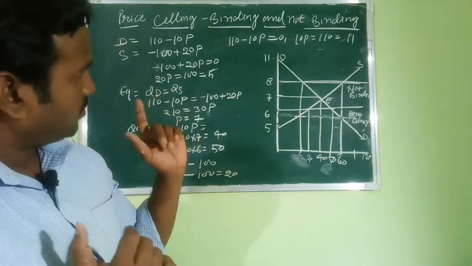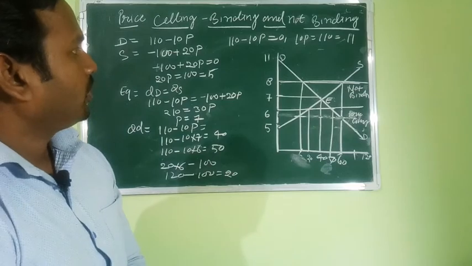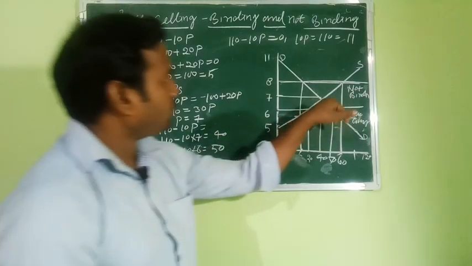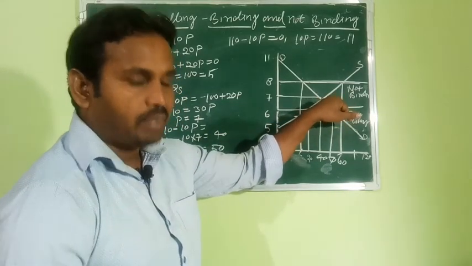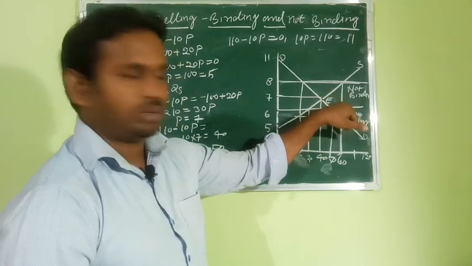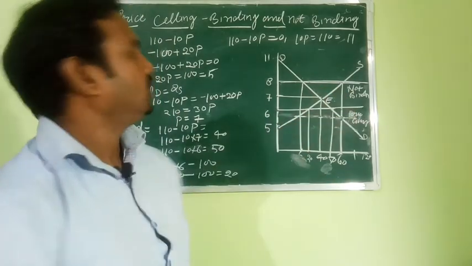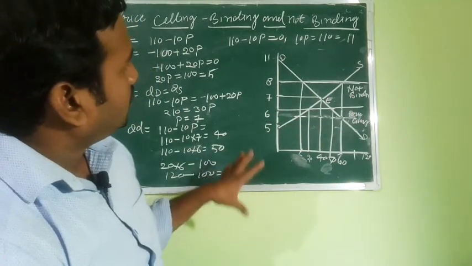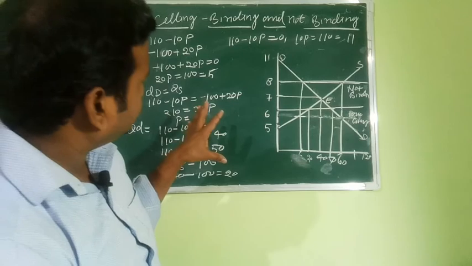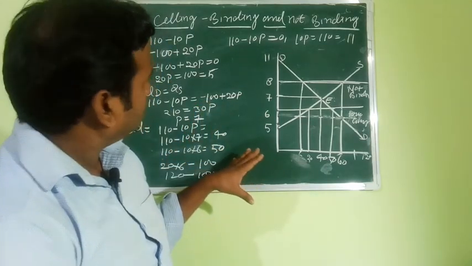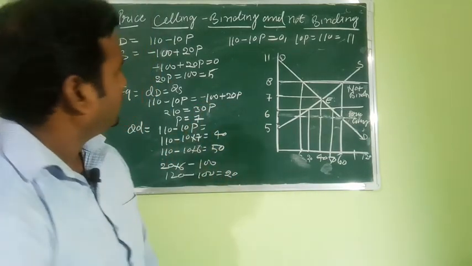So finally we can say that a binding price ceiling is always below the equilibrium price, and a non-binding price ceiling is always above the equilibrium price. If you have any doubts, you can ask me again. Please note this down.